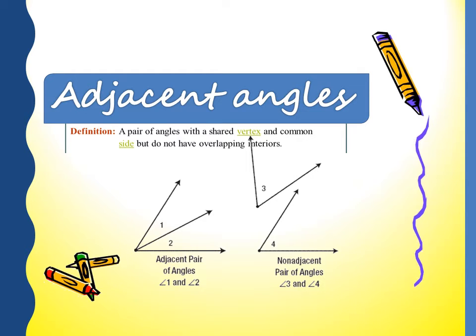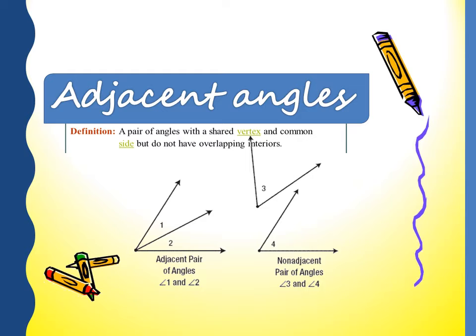Now let's recognize the meaning of adjacent angles. Adjacent angles are a pair of angles with a shared vertex and common side, but don't have overlapping interiors.